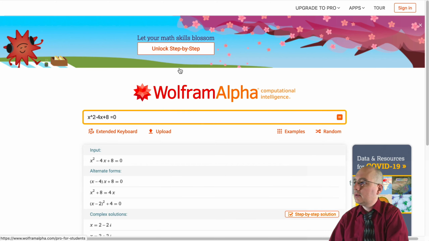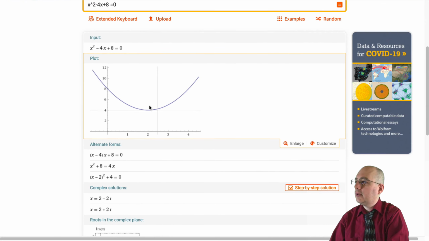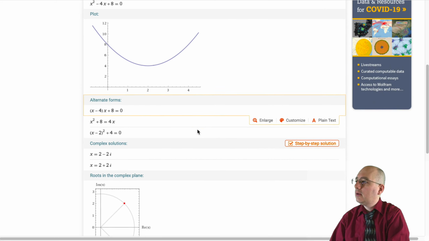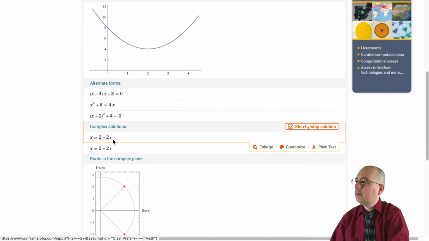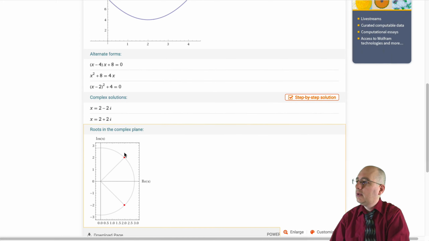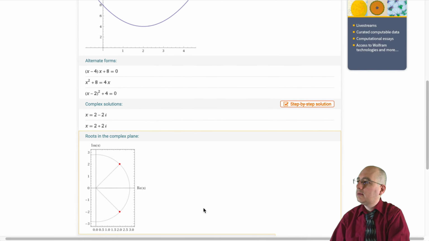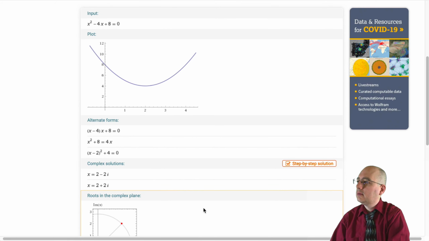Let's see what the good old Wolfram Alpha gives us. That definitely looks like there's no real solutions, right? And then here's some alternate forms. Here's the complex solutions, 2 minus 2i and 2 plus 2i.